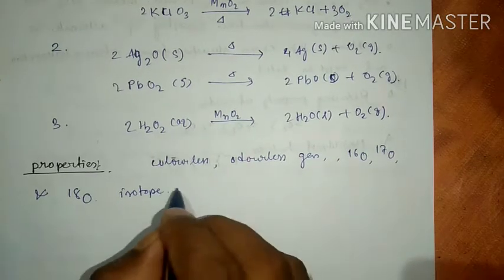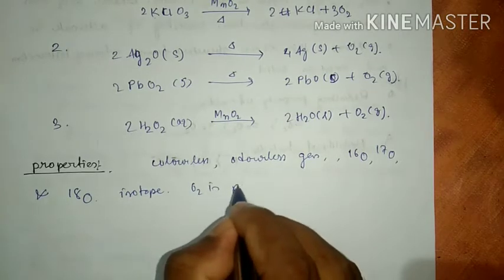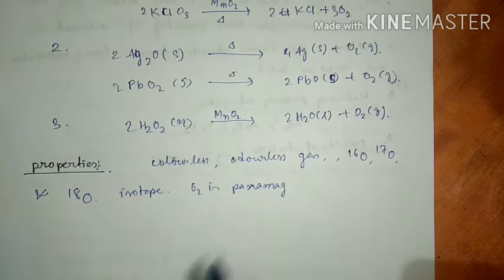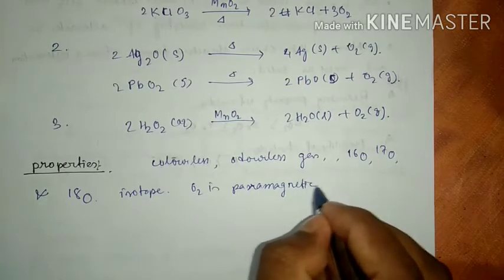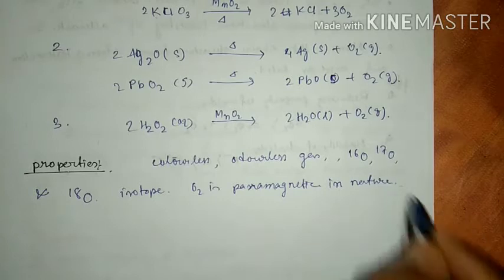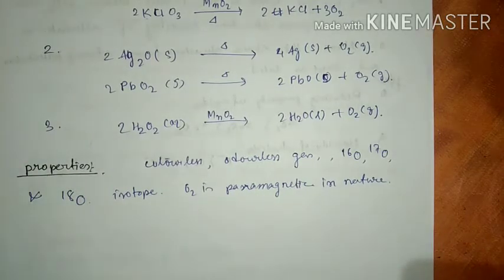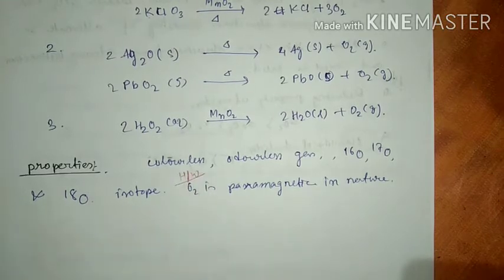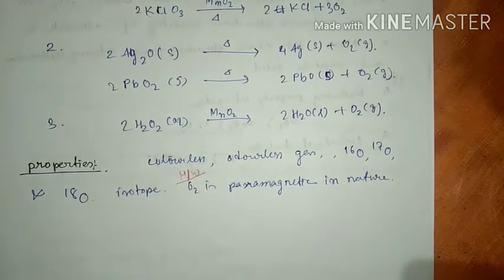Next, O2 is paramagnetic in nature. This one is your homework. Your question is, why is O2 paramagnetic in nature?